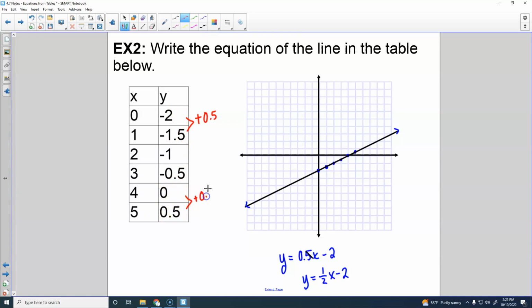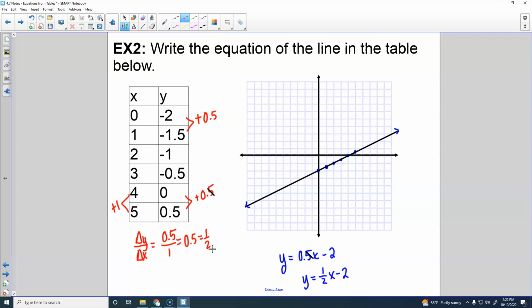That's much clearer. That's adding 0.5, right? What's happening over here on the left-hand side? You're going up by 1, so your change in y over change in x is going to be 0.5 over 1, which will give you 0.5, or if you would rather, you can do 1/2. So there's our slope.